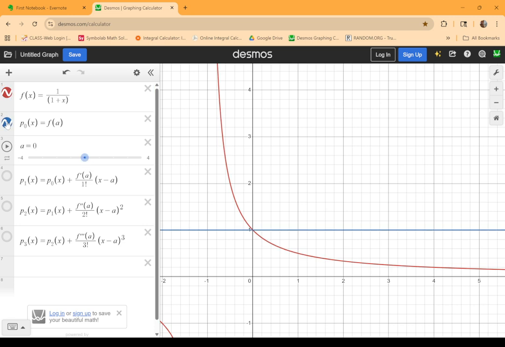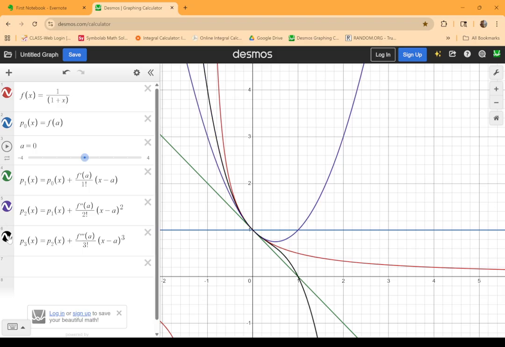Again, the first one is not that good of an approximation, but as I start increasing my degrees, that approximation gets better. And you can see each iteration gives you a better approximation there.